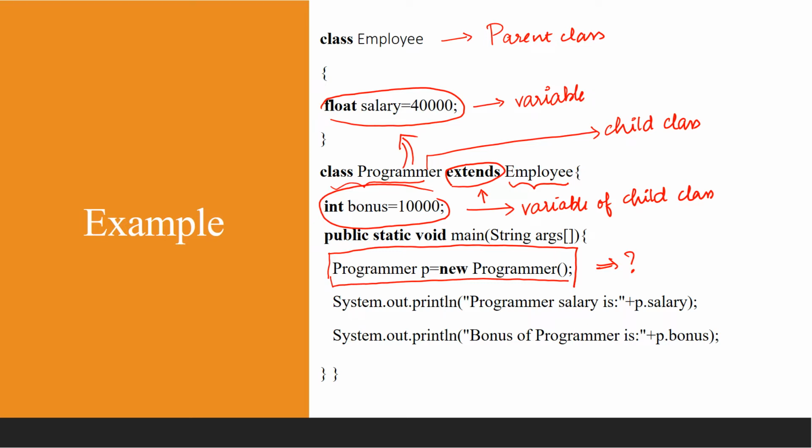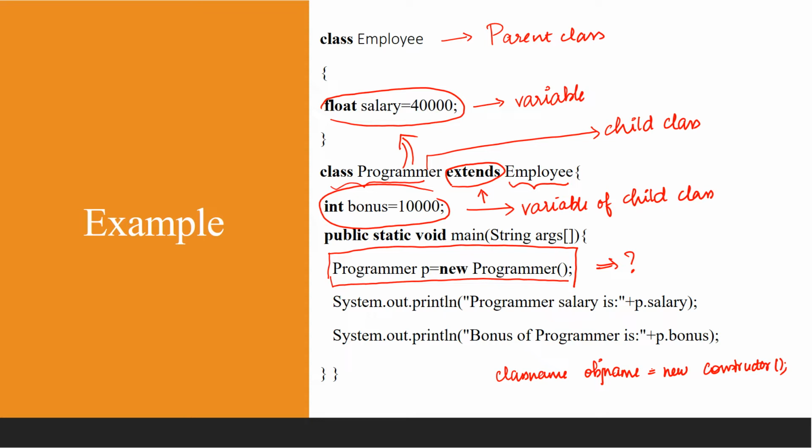So how to create an object? The object syntax is class name, object name equal to new keyword and then constructor. This is the way you'll create an object in Java. So what is the class name here? Programmer.